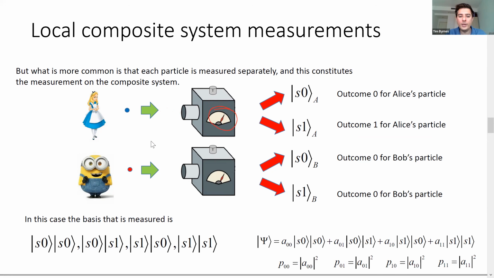There are 2 readings on the output here, S0 and S1, and these are the states on Alice's side. And Bob also measures his particle, it goes into the machine, and has 2 outputs, S0 and S1 too. And these could be in different bases.